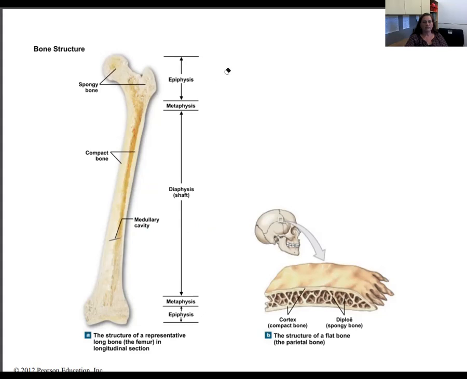That inside protective covering right there is called your endosteum. So this skin covering this inside space, all that skin going all the way down, is your endosteum.